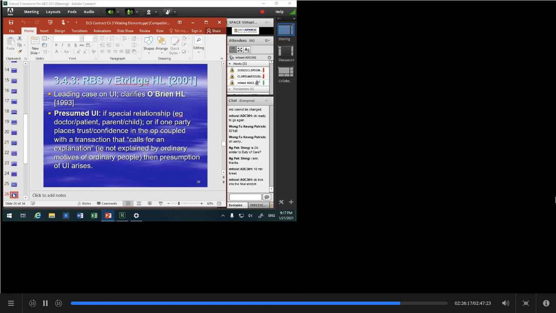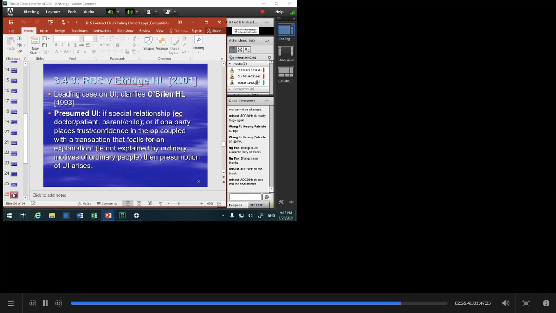And later cases after Etridge explain what this phrase "calls for an explanation" means, not explained by ordinary motives of ordinary people. It's sort of, ask yourself, why did you enter into that contract when you know you've got everything to lose and nothing to gain? Why did you enter into it? That's the type of thing we're talking about.